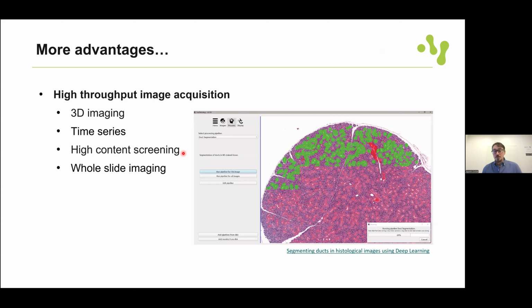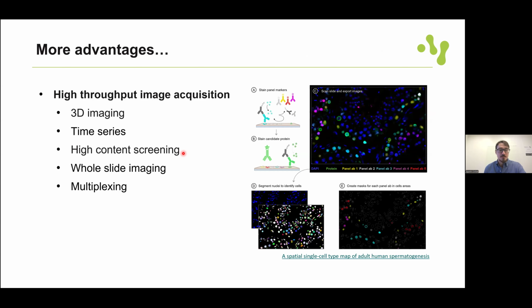There's also pathology, where samples can take up to several millimeters in height and width. So we might be unsure which region is of interest. We would like maybe to acquire the whole slide, and then we end up tiling the image and stitching them together. So again, this is a lot of data.